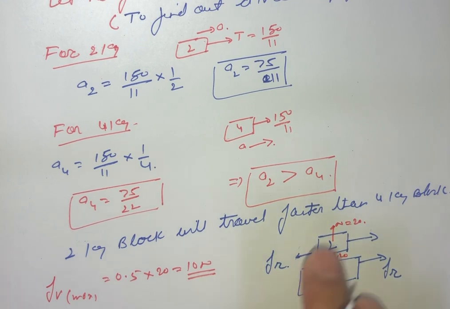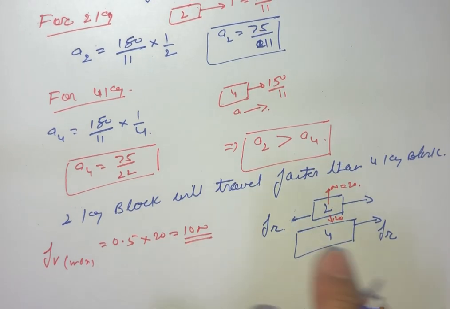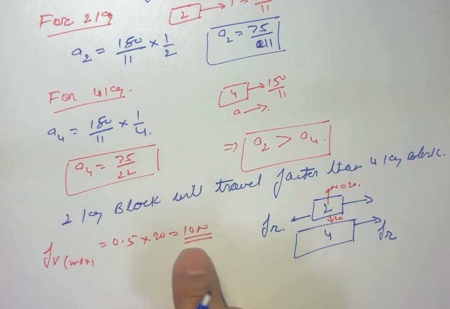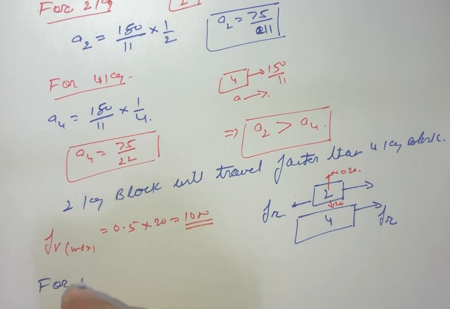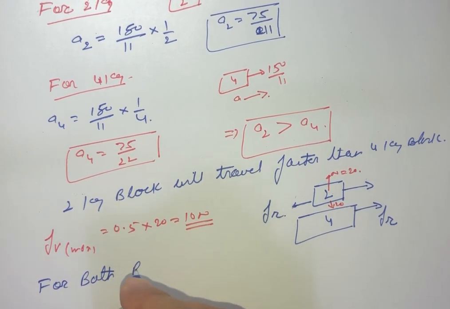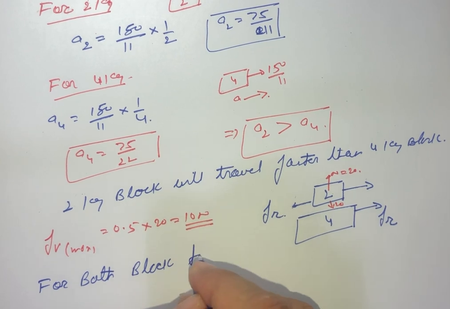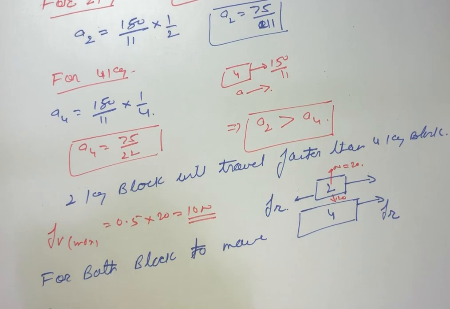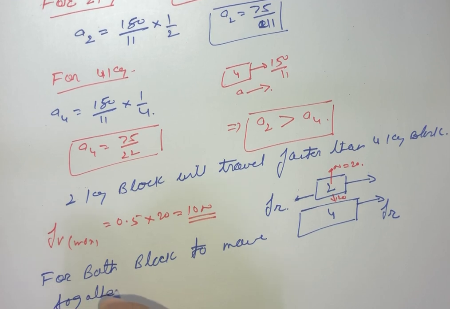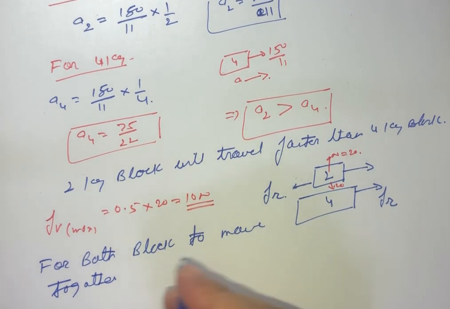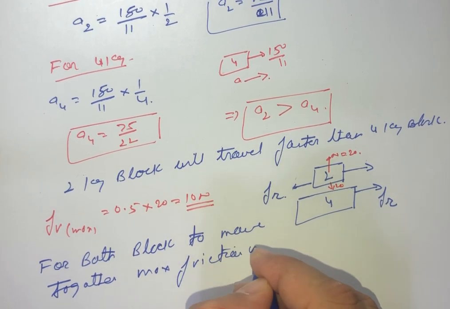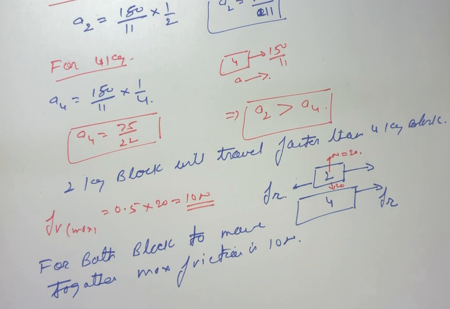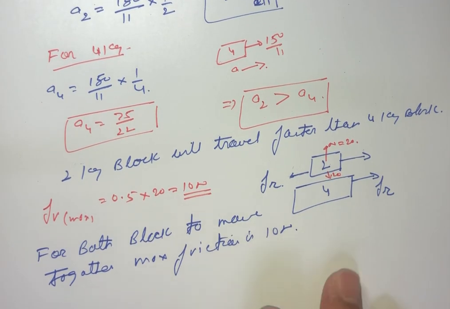It means for both blocks to move together, the maximum friction is 10 Newton, and we are going to find out whether this friction is present or not.